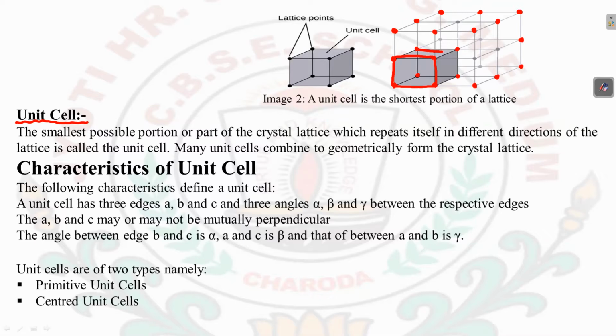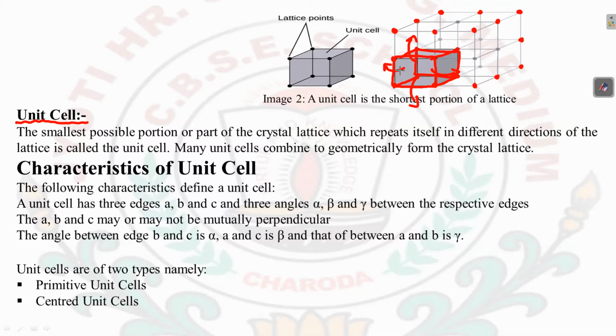This small cube, if I am taking from this large cube, and I am repeating this small cube in the upside, in the downside, in its left side and its right side, like this, repeating the same cube again and again, I can form this large cubical lattice.